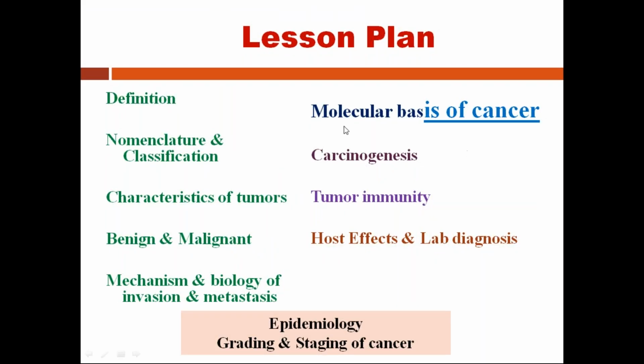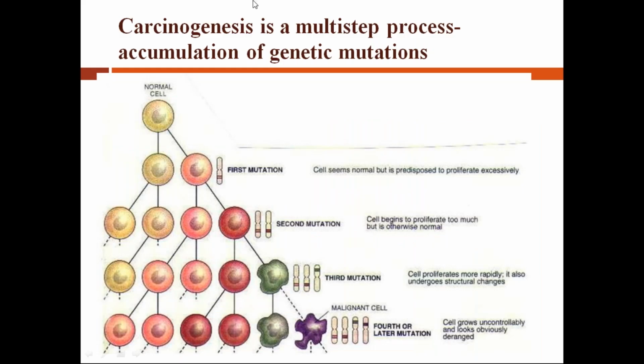So we have started with the second competency, molecular basis of cancer. Today I'll be telling you the other half of this molecular basis of cancer. This chart I've explained even in yesterday's class: carcinogenesis is a multi-step process. That means there is accumulation of mutation at subsequent stages of the cell cycle in the daughter cells.